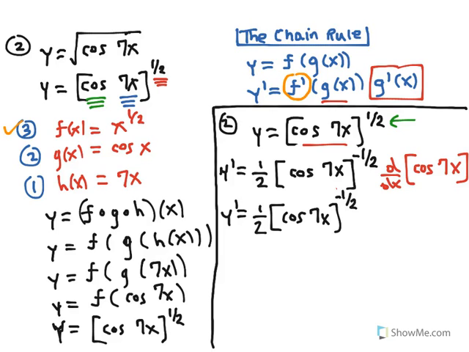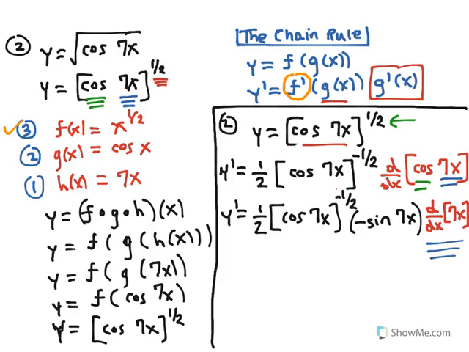And the derivative here can be found by identifying that the inside function is 7x and the outside function is cosine. So the derivative of the outside function is negative sine, so we have negative sine evaluated at the inside function of 7x, and then using the chain rule I multiply by the derivative with respect to x of the inside function 7x, and that derivative is, of course, 7.